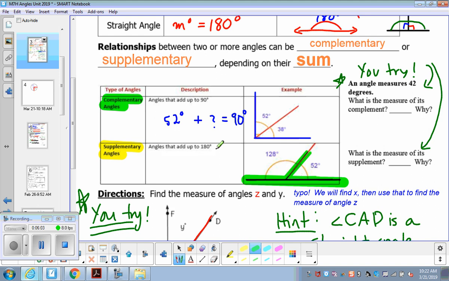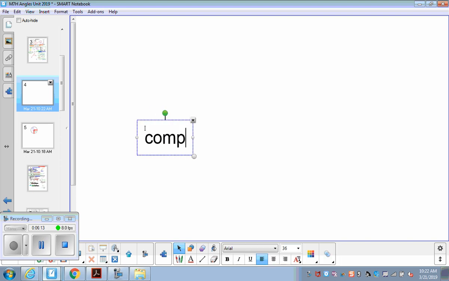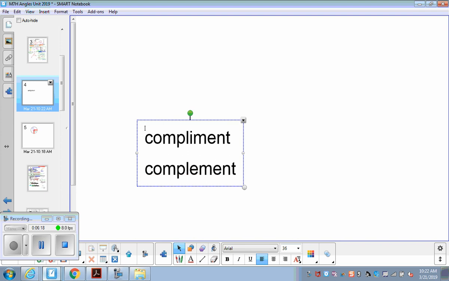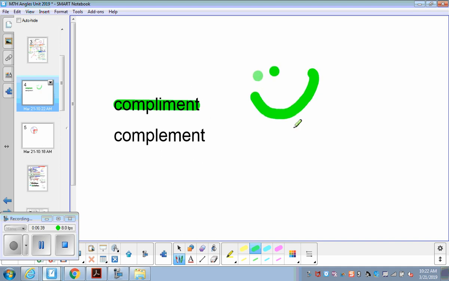Now, moving forward in the unit, it's going to be very, very tough for you to remember which one is which, complementary versus supplementary. And even though the spelling's a little bit different, when you give somebody a compliment, it's spelled with an I, and we're talking about complements with an E. But in any case, I think you guys would agree that if you think somebody is wearing a nice outfit, or that their haircut looks nice, or that they were really, really helpful to somebody else, I think we can all agree that if somebody's doing something nice, or if you really like something about somebody, it's really nice to compliment them, okay?